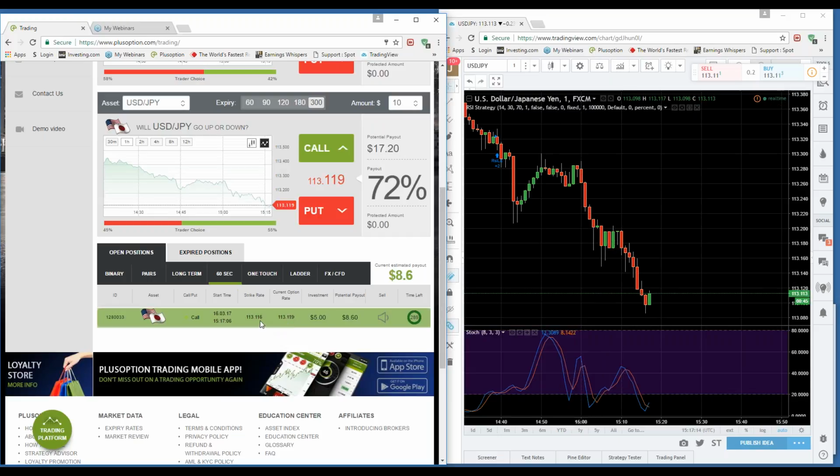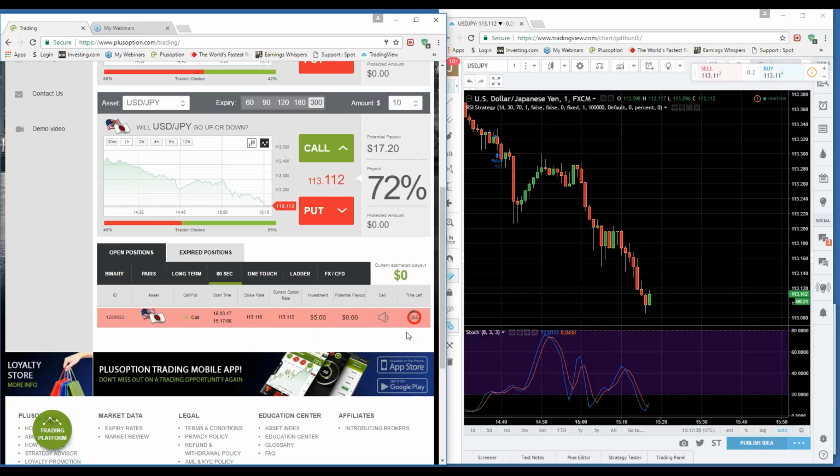And what we're going to be doing, we're going to be waiting for the pips here, the current price, to be at least 5 pips lower than the last strike rate. That way, the next trade I take will be at a much better rate. And with a higher price, it is more likely to give me a good outcome.